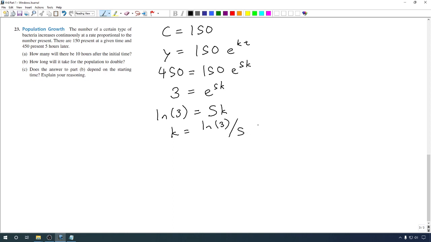And at this point, you can go ahead and just use a calculator. I'm going to write that as 0.2197. So our model for this problem is y is equal to 150 e to the 0.2197t.